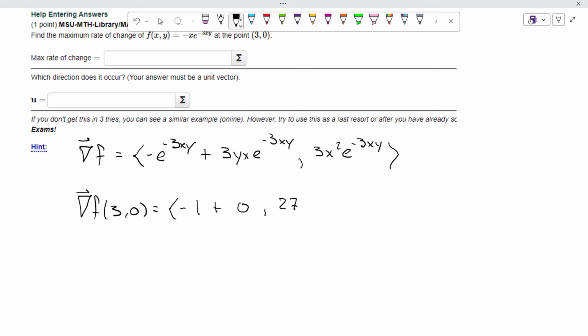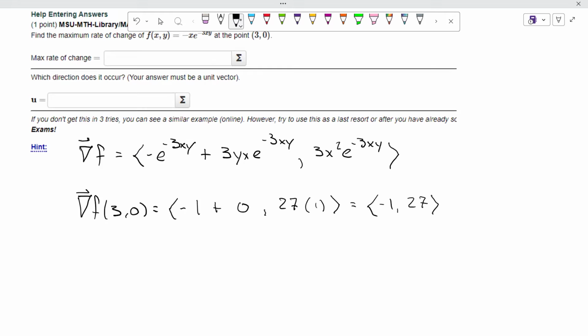E to the 0 is 1. Which is (-1, 27). And I am basically done. I've got my gradient at my point. Now I just have to fill in the rest.